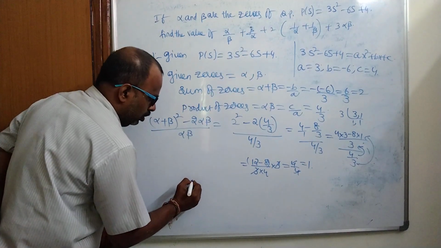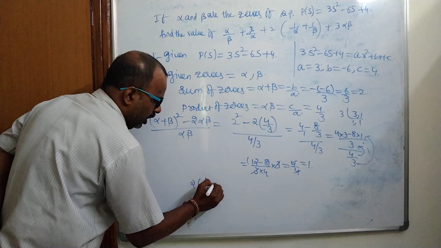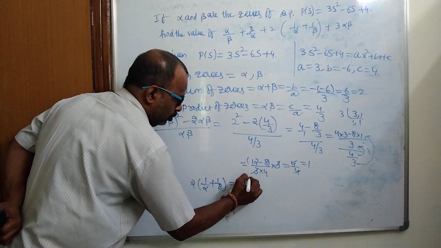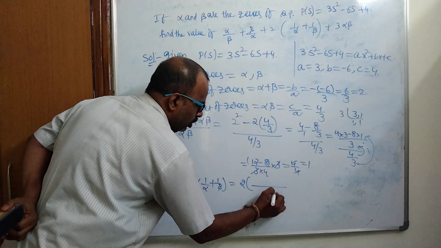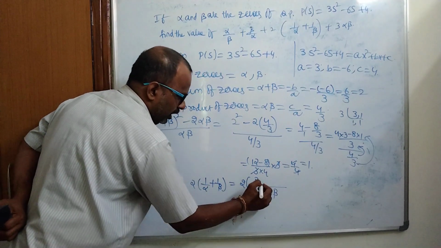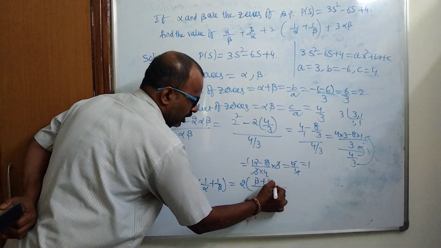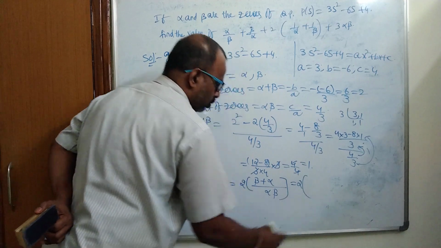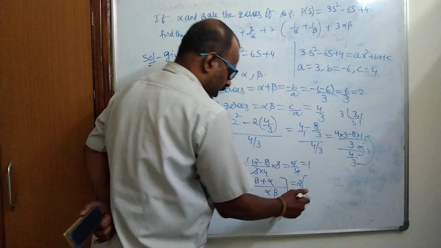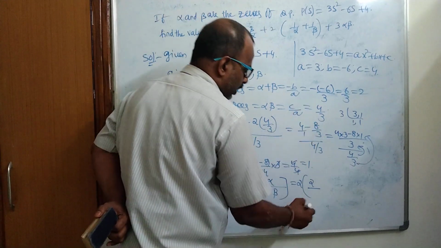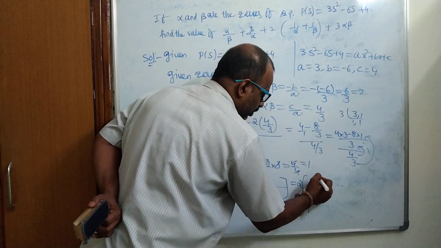Now 2 into 1 by alpha plus 1 by beta is equal to 2 into, with LCM alpha beta, and in the numerator you will get beta and alpha. So 2 into alpha plus beta by alpha beta, that is 2 by 4 by 3.